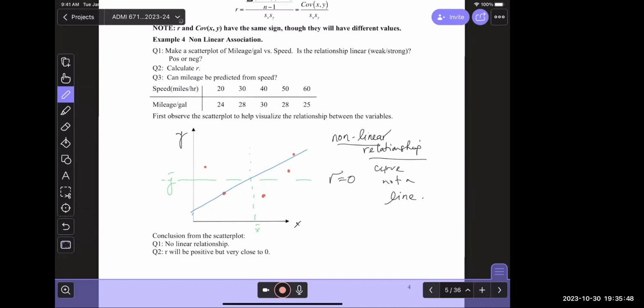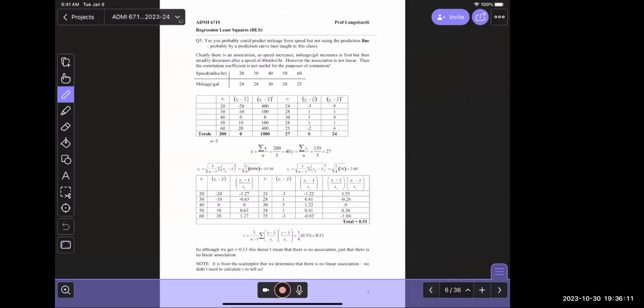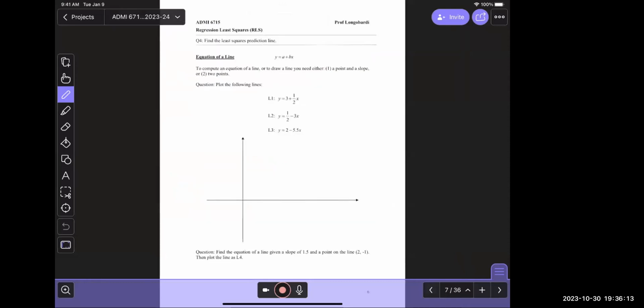The best thing to do is make the curve that fits the data. You get my point. All right, so I have all the calculations there.